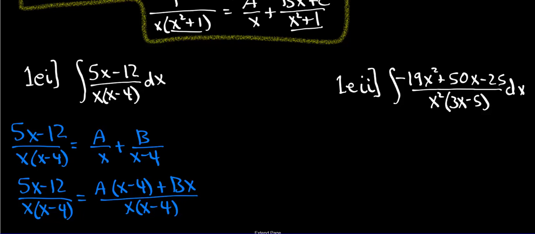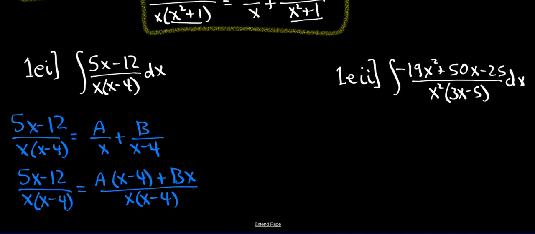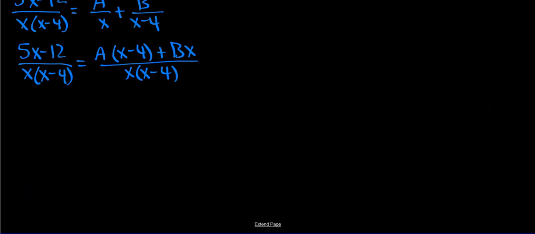Now notice these two are equal, and if they're equal, you can see the denominators are equal. I only need to worry about the numerator. So I've got 5x minus 12 equals ax minus 4a plus bx. Now I'm going to use a method called equating the coefficients.